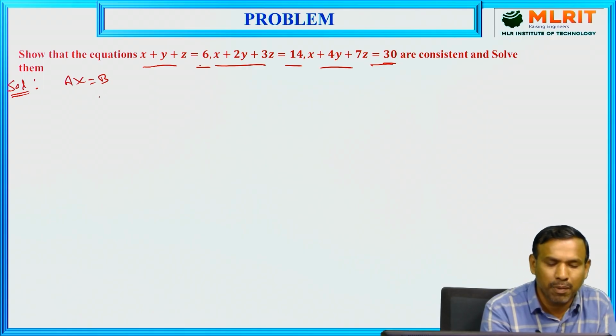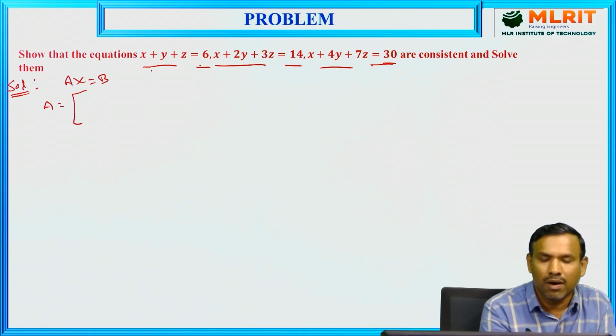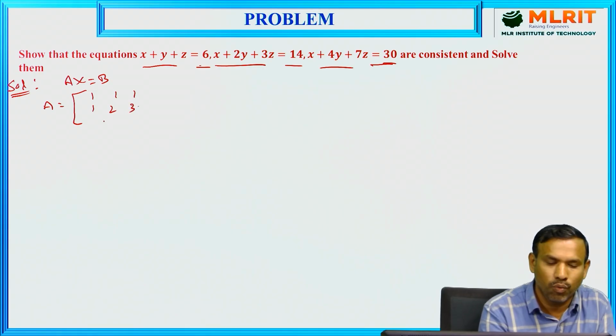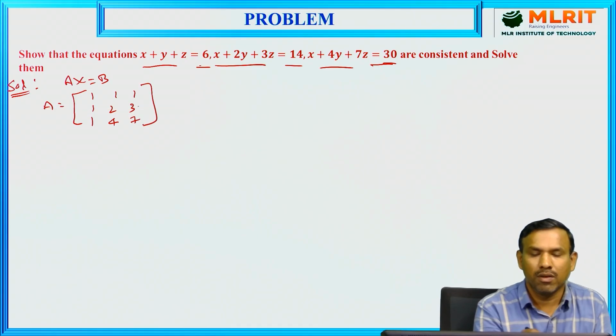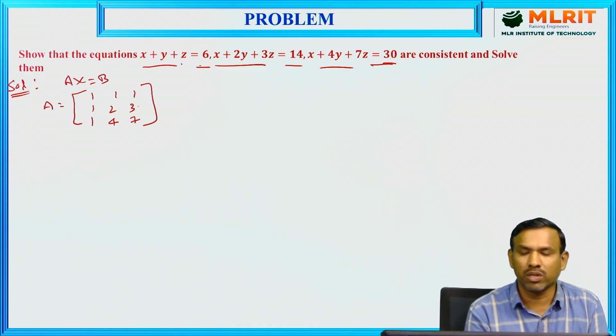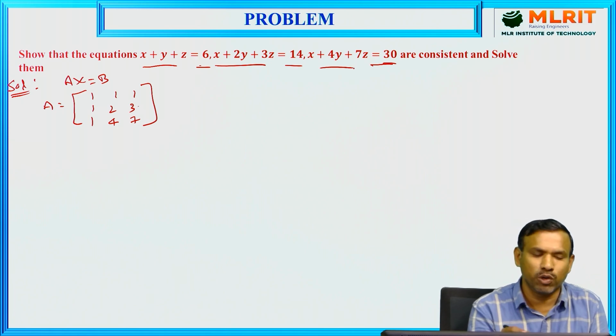Clearly here I am writing what is A, what is X, what is B. A is equal to the coefficients of x, y, z in the first equation, 1, 1, 1. Second equation, 1, 2, 3. Third equation, 1, 4, 7. These are the x, y, z coefficients.